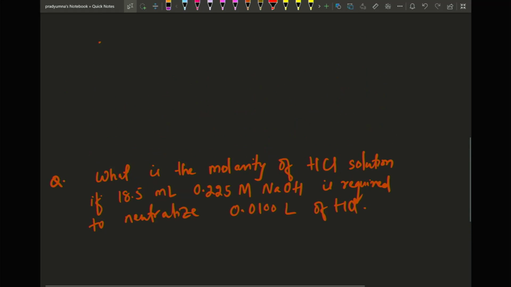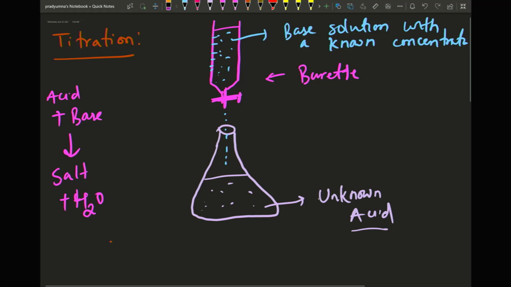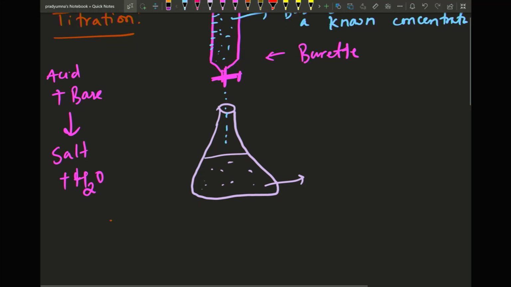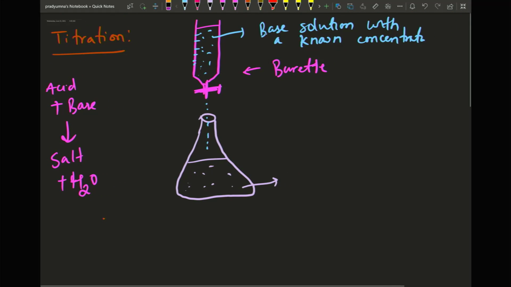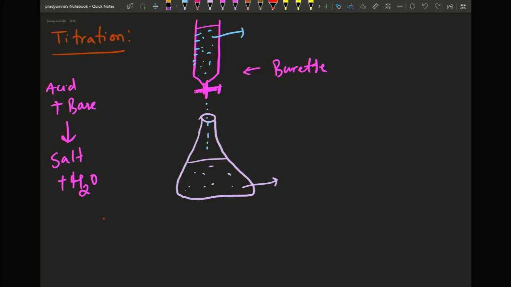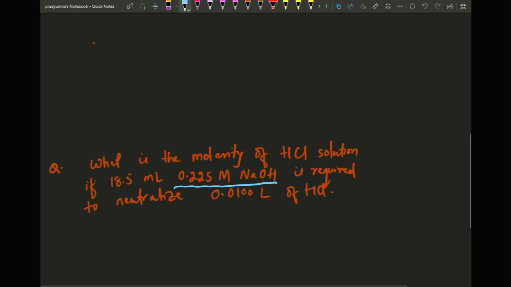So let's go back here and draw things out. What was the concentration of the base? What base are we using? We are using sodium hydroxide. What was the concentration of sodium hydroxide? 0.225 molar.